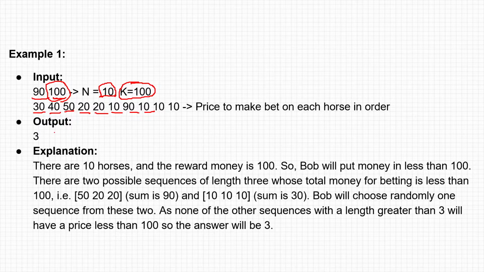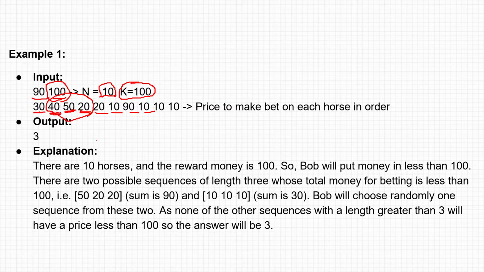So there are two possible sequences. Okay. So of the 30, 40 and 50, this sequence will not get him near to 100. So he's going to choose the next combination. Is this combination going to yield him somewhere nearing 100?